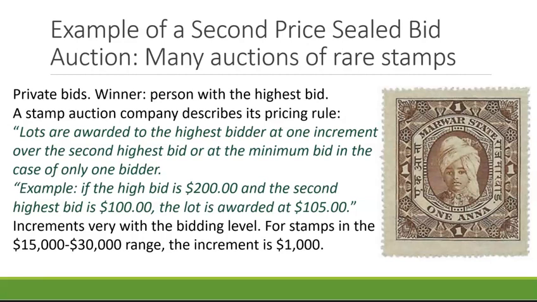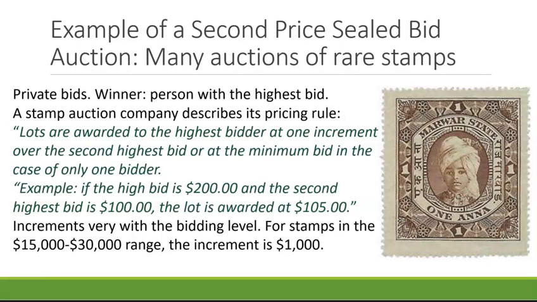So from their catalog, they give the example of if the high bid is $200 and the second highest bid is $100, then the person with the high bid of $200 pays $100 plus a $5 increment.